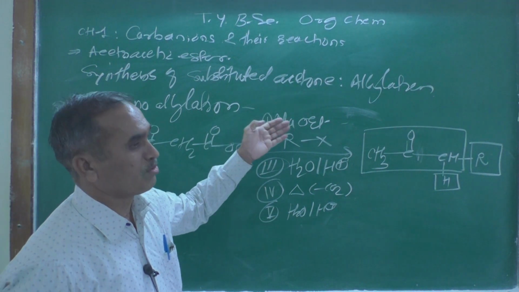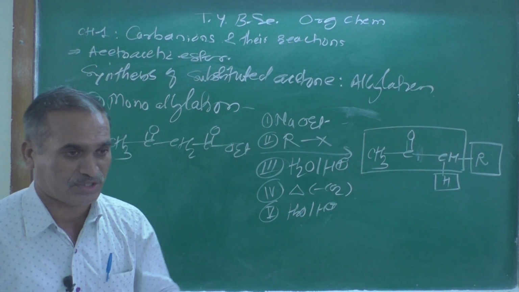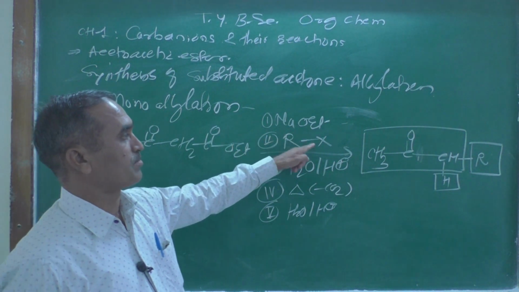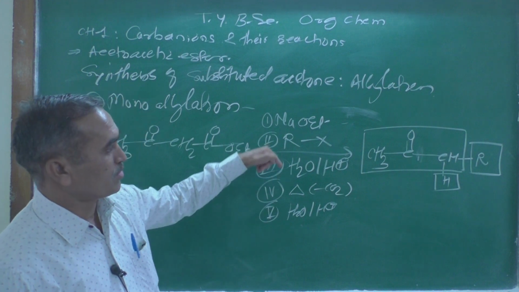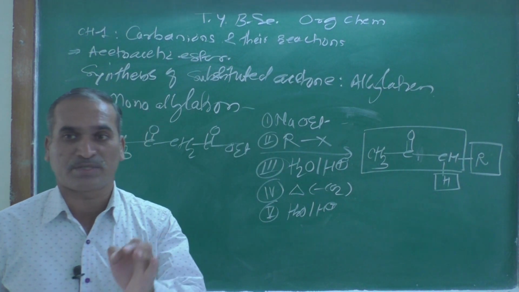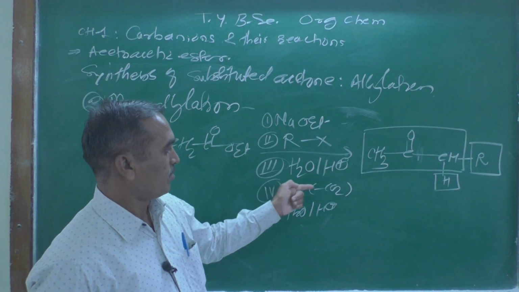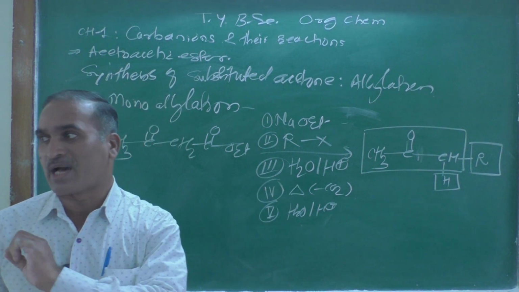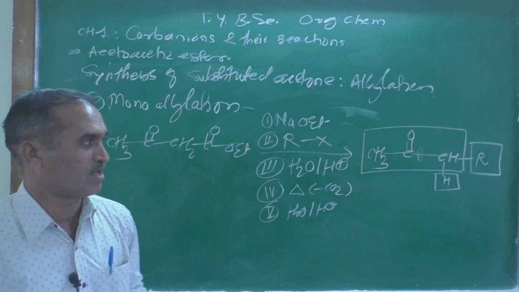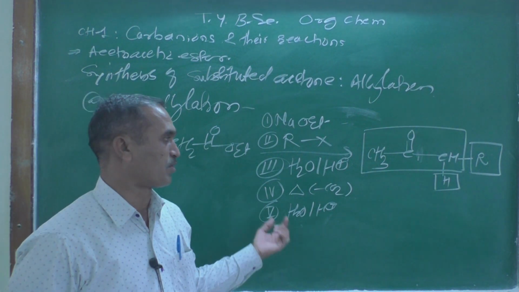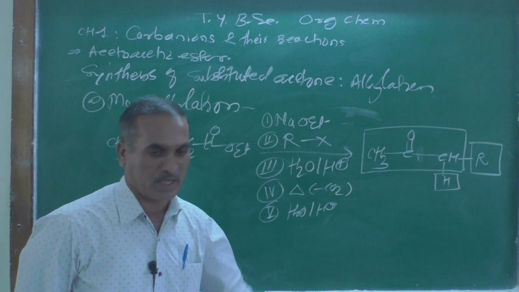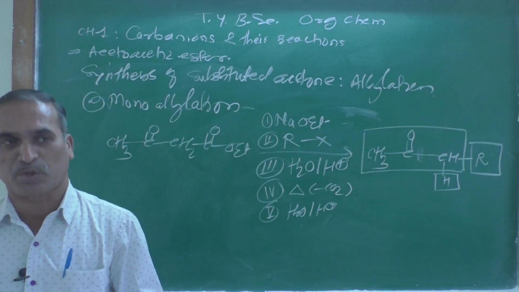Here NaOEt, that step is called abstraction of proton, RX means alkylation, and H2O in presence of H plus is called hydrolysis, and heat, minus CO2 is called decarboxylation, means carbon dioxide is evolved during this process, and H2O in presence of H plus, this is called protonation.